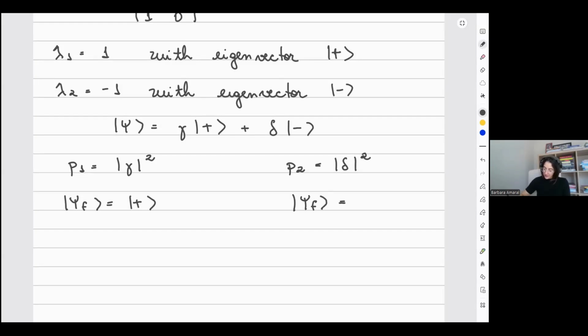And the final state is minus, okay? This is a case where generally the vector is written in the canonical basis, 0 and 1. And to compute these probabilities it is easier to use the projectors than to rewrite the vectors in terms of this basis. It's just computation. You can ask the computer to do it for you. You don't need to waste your time with these things. But you'll get the idea here, okay?